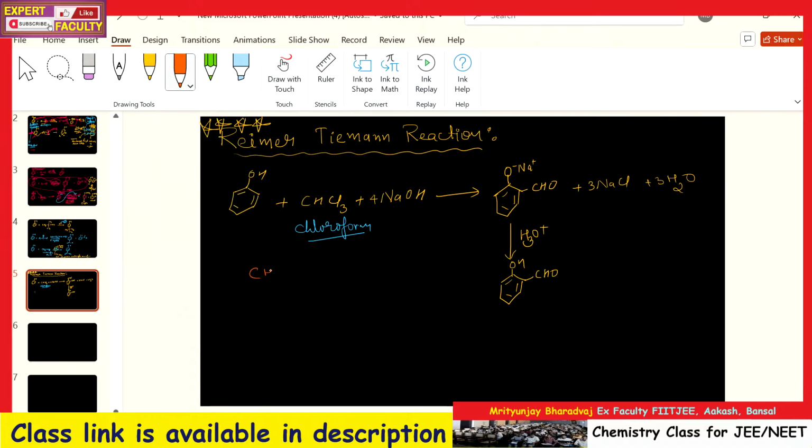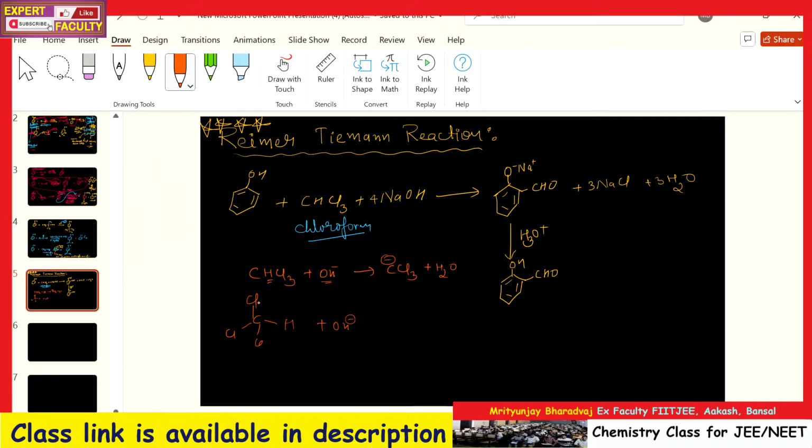CHCl3 reacts with OH minus and forms CCl3 minus along with H2O. This H is taken as H plus by the OH minus. So when the H plus is removed, the negative charge will appear and it becomes CCl3 minus. If you relate it with the structure, in CHCl3 there is a hydrogen, and 3 chlorines are bonded with the carbon.